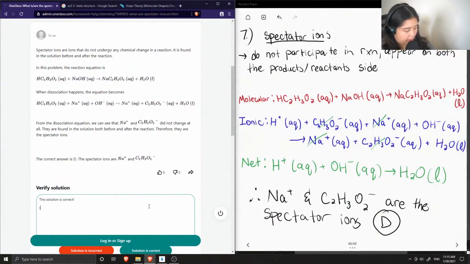I'm just going to add in brackets because I think they just forgot to write the dissociation.